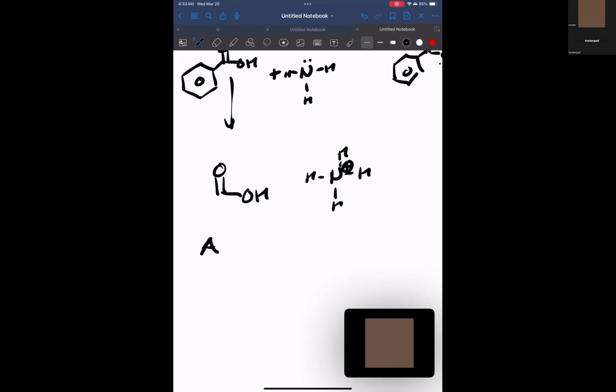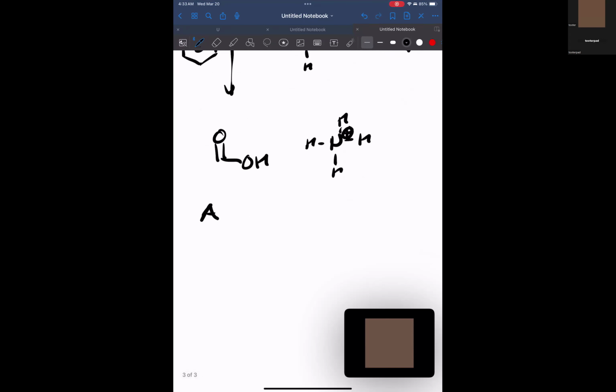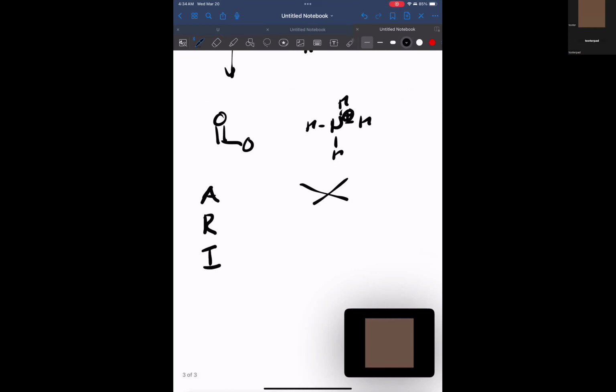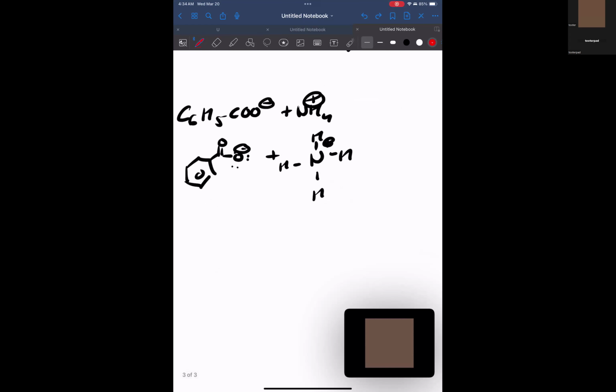This one clearly has atom already, which proves that it's more acidic. This does not have atom. This does have resonance and induction as well, because if you lose this hydrogen here, you can resonate this down and resonate this up, delocalizing that charge. And on top of that, there's that induction effect right there. Therefore, again, it favors the product side right here.